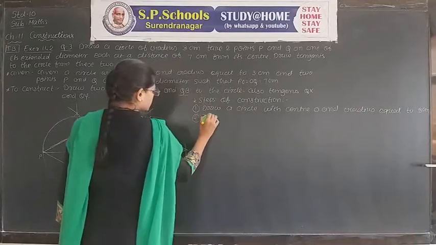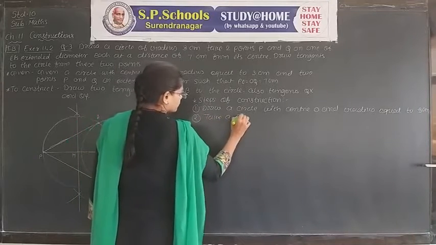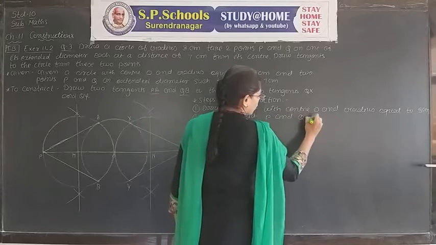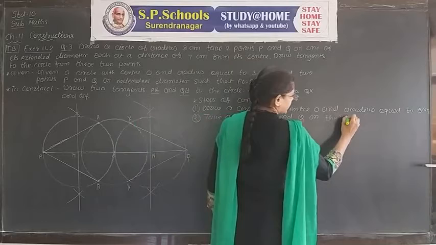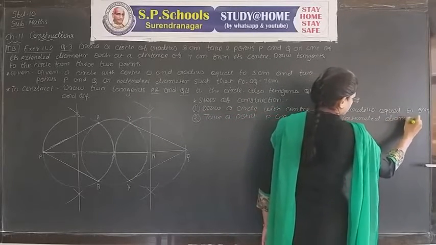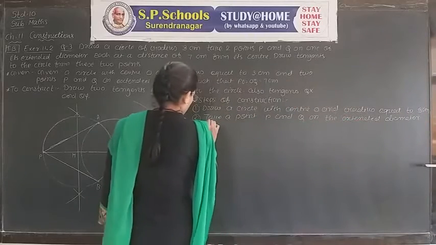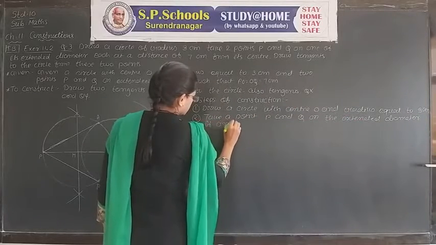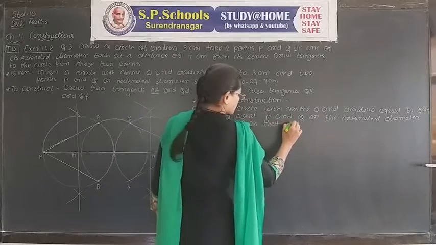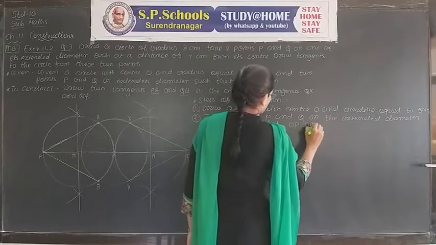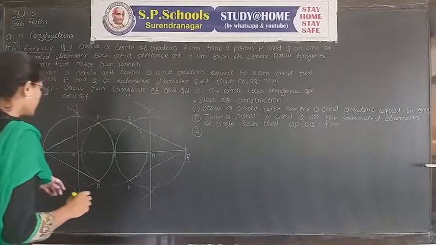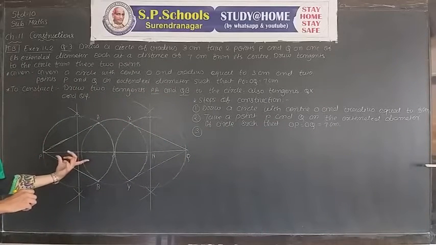The second step is to take points P and Q on the extended diameter of the circle such that OP is equal to OQ is equal to 7 centimeters. Then the third step is to draw the perpendicular bisector of OP.